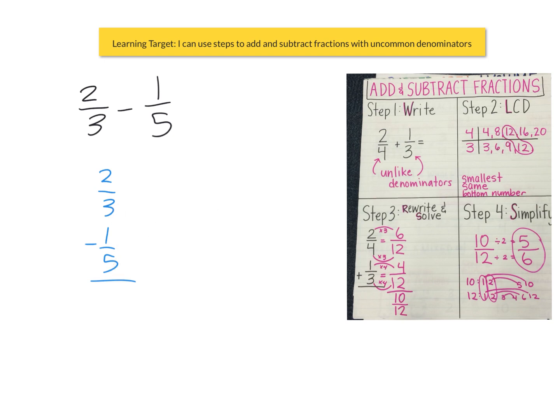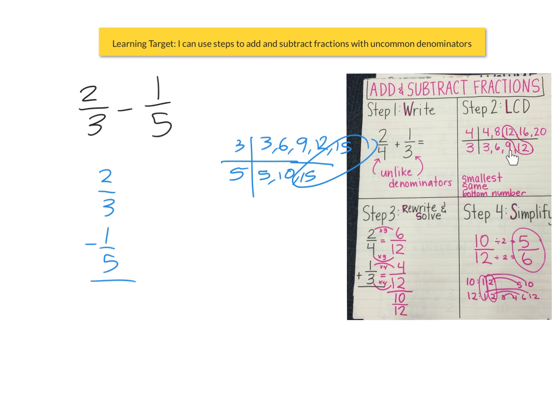So I'm going to make the multiples of 3 and 5, my denominators here. I'm going to start with my lower number, 3, 6, 9, 12, 15. I'm going to stop there because I know, hey, look, 15, I got a 5. If I count by 5s, 5, 10, 15. There she is. That's my least common denominator.